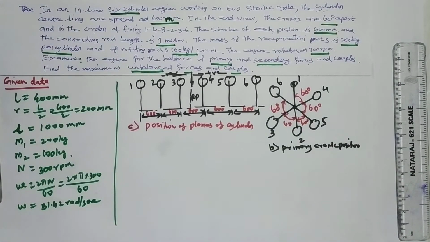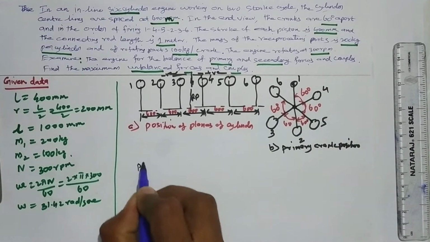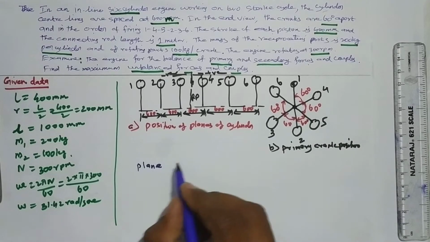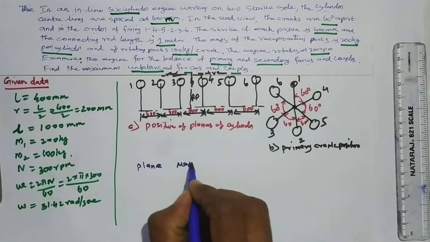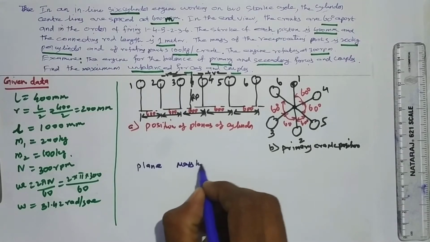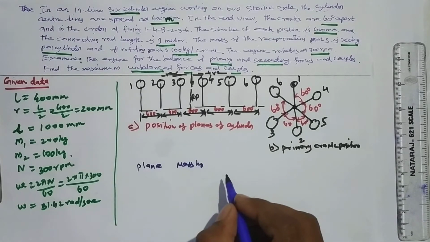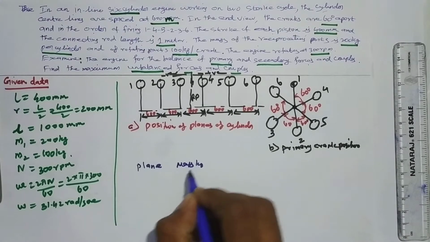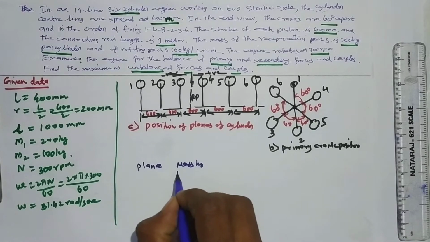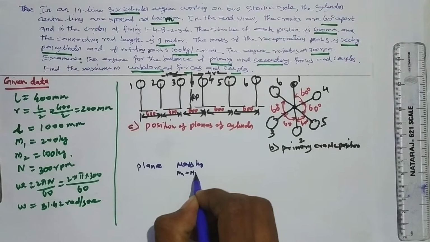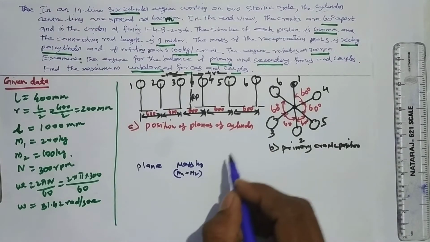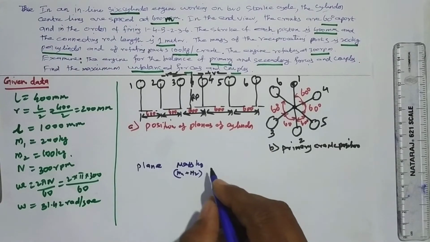It is a very important one. First, the plane, then the mass in kg. Totally you take m1 plus m2, considering the reciprocating mass as well as the rotating mass.